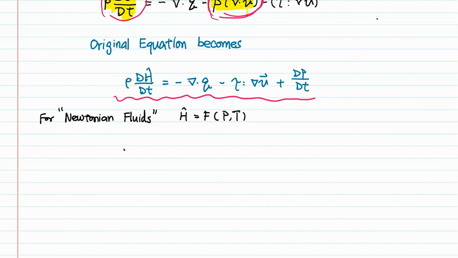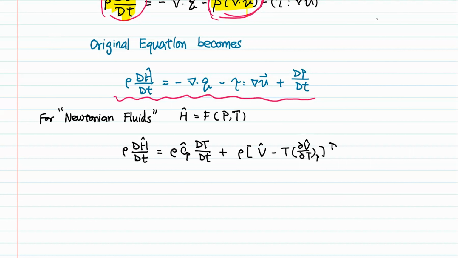So the left-hand side, rho times the substantial derivative of the enthalpy, will equal rho times the constant pressure heat capacity times the substantial derivative of temperature, plus the pressure-dependent term, rho times the molar volume minus T partial V partial T at constant pressure, times the substantial derivative of pressure over time.